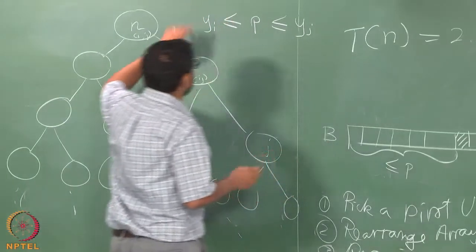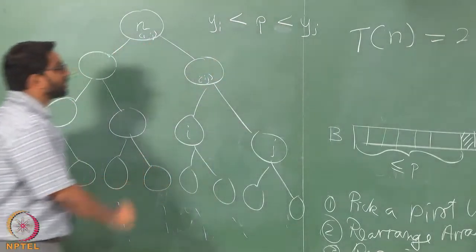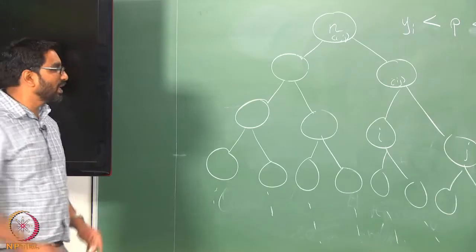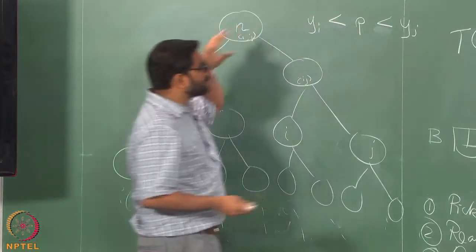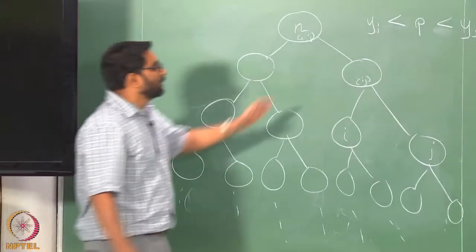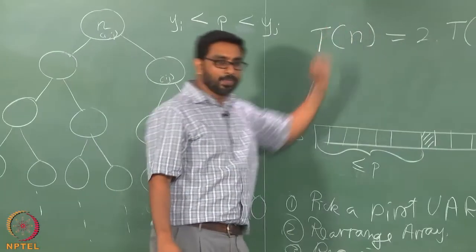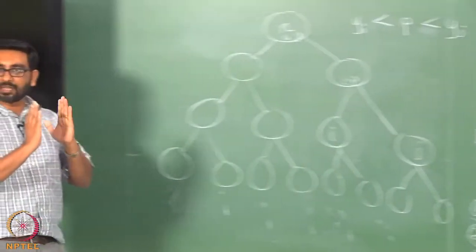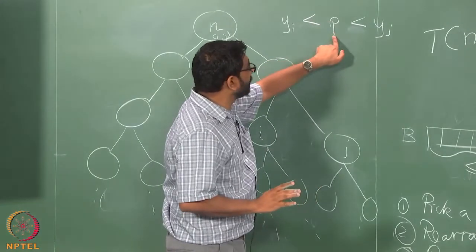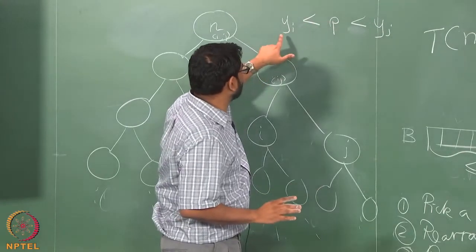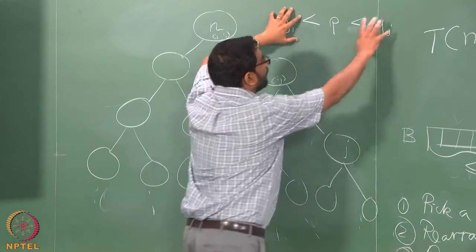Let's consider the case where the pivot was strictly between Yi and Yj, and neither Yi nor Yj. If that is the case, up until this point in time, the pivot is always fully to the left of Yi or fully to the right of Yj, which means that Yi and Yj themselves were never compared. Even at this point when they were split, since the pivot is neither Yi nor Yj, Yi was never compared with Yj.